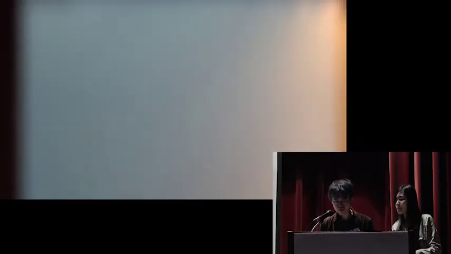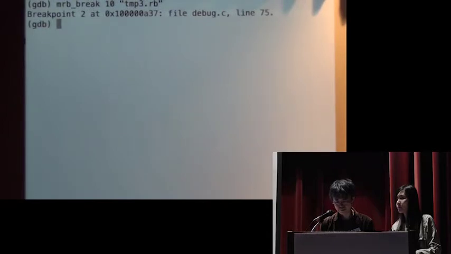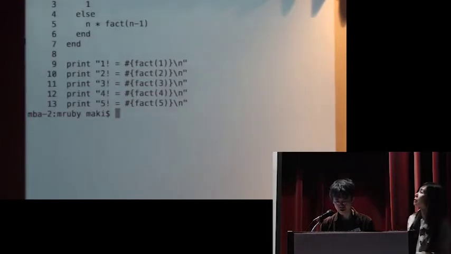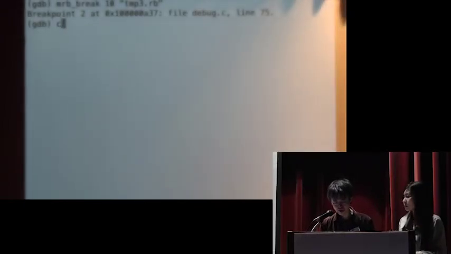Then we make a breakpoint at temp3.rb line 10. Line 10 is 2 factorial. Then continue.